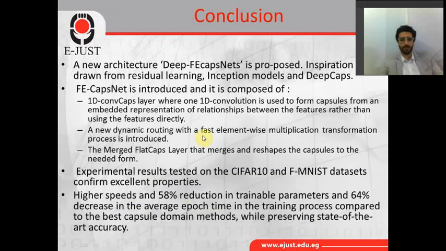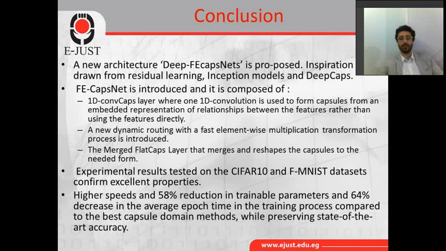So as a conclusion, a new architecture called Deep Fast Embedded Capsule Networks has been proposed. It is made of 3 different blocks: the 1D conv-caps layer, the new dynamic routing, which relies on a fast and element-wise multiplication transformation process, and the merged flat caps layer that merges the skip connection capsules with the direct previous capsule layer.